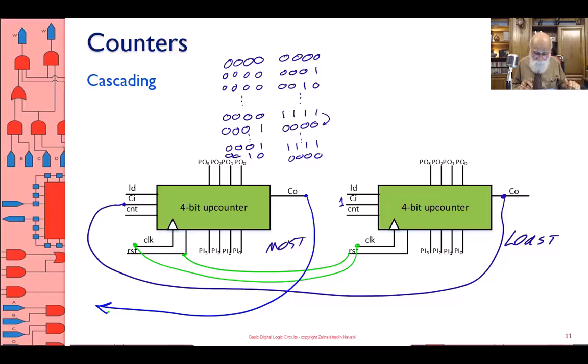And what do I do with the rest? Well, I had only 4 parallel inputs. Now I have 0, 1, 2, 3, 4, 5, 6, 7, 8 parallel inputs and 8 parallel outputs.